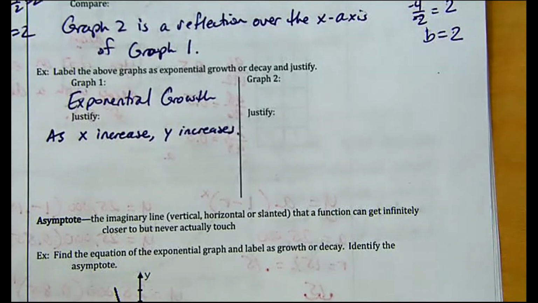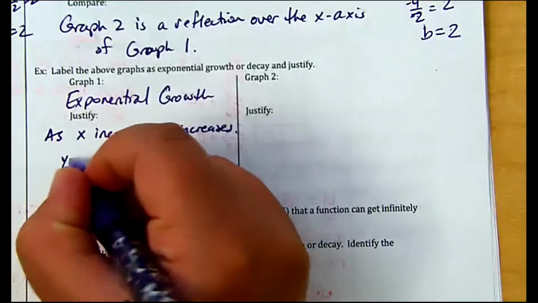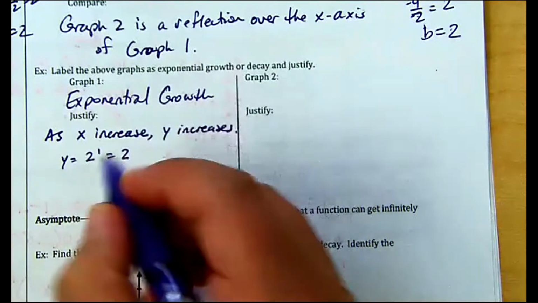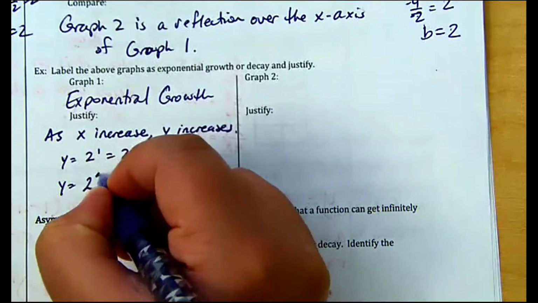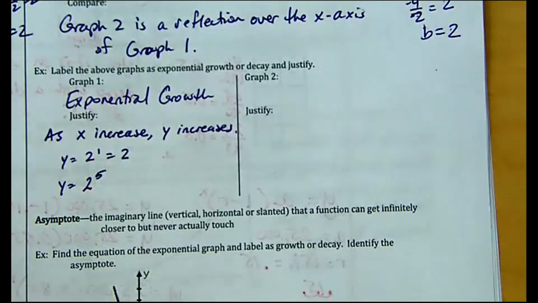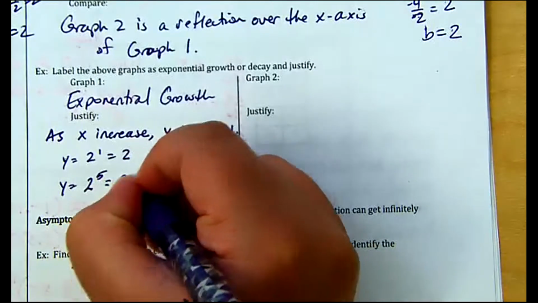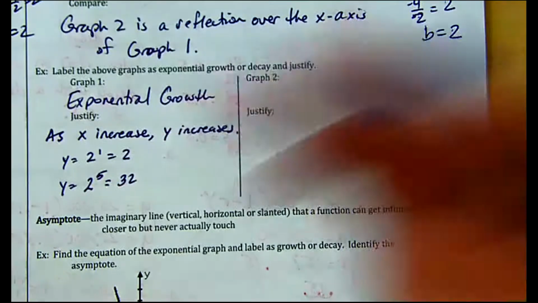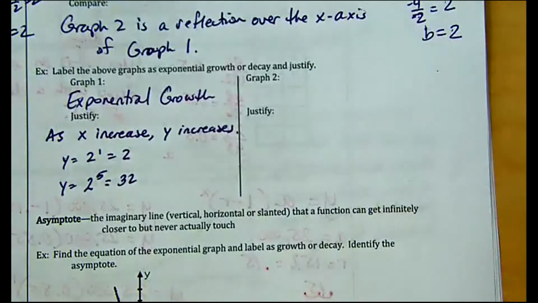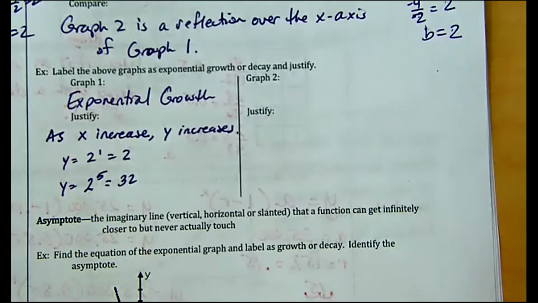And we can show that, right? So 2 to the 1 power is 2, but if I increase my x and put, let's say, 2 to the 5th power, then I'll have 32, right? So it's increasing as my x is increasing. Show an example of that.